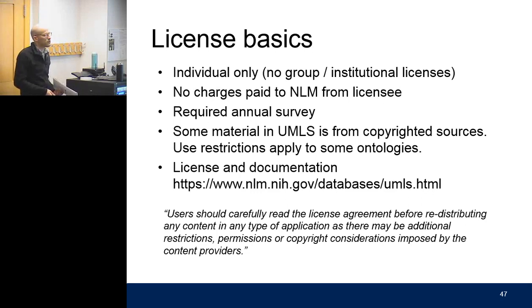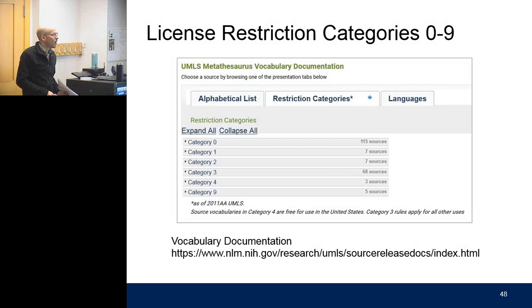Some of the ontologies and vocabularies are copyrighted, so there are specific restrictions on some of the individual vocabularies within the UMLS. A good tool to help you parse out which ones you may want to use in an application, depending on their licensing, is the vocabulary documentation page.